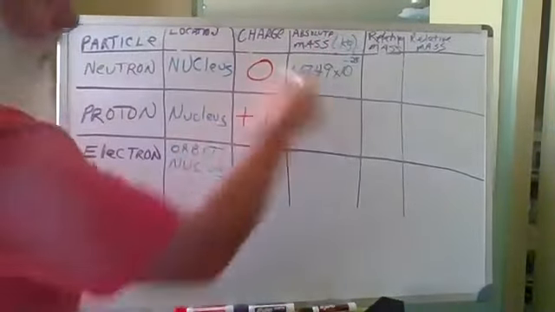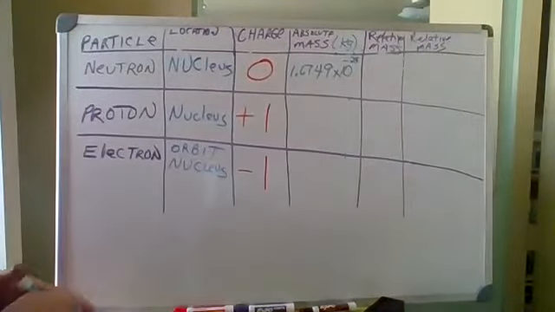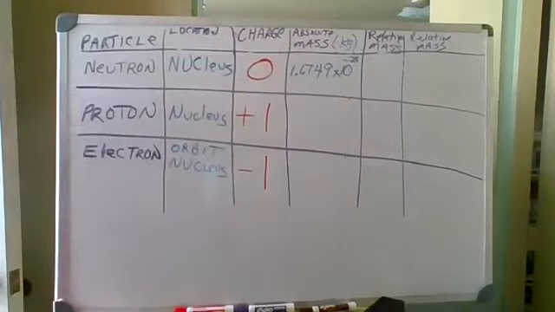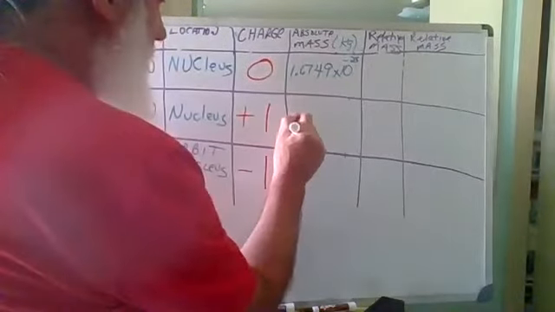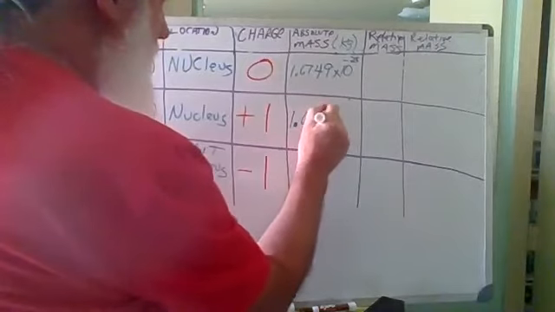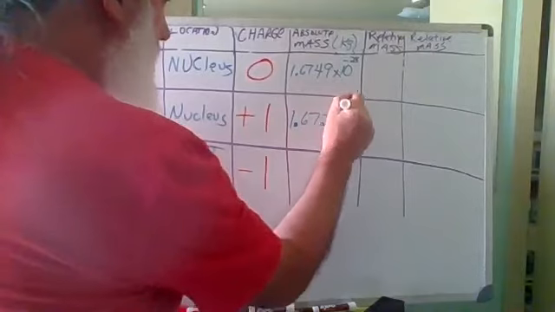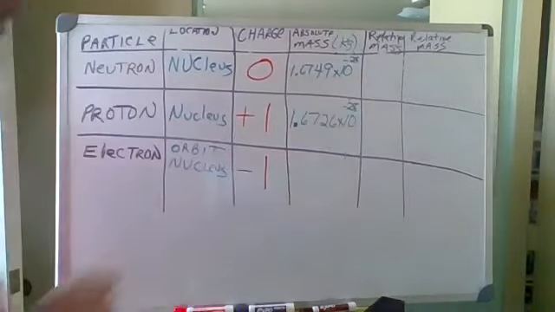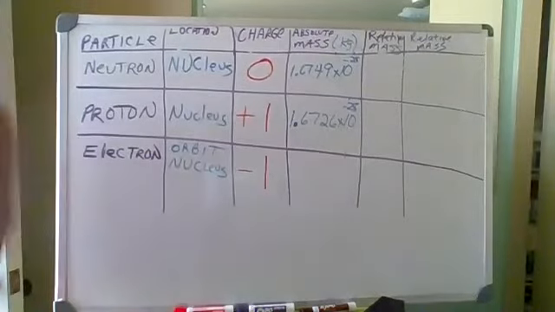Okay, hopefully you can see that. 1.6749 times 10 to the negative 28 kilograms. Okay, and for a proton, very similar. 1.6726 times 10 to the negative 28 kilograms.